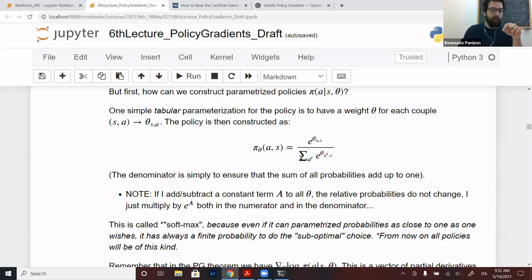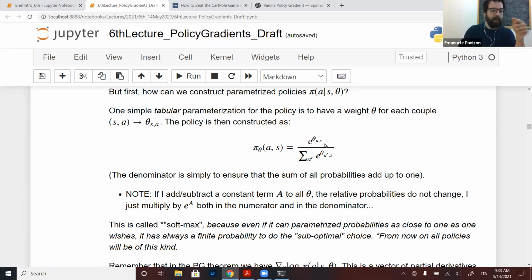And so since each probability is proportional to e to the theta, and then you divide by the sum over all actions of e to the theta, essentially the sum of all probabilities will add to 1. One thing which is helpful is that, since these are exponentials, what happens if, for example, I take all weights and add a constant term to all weights?